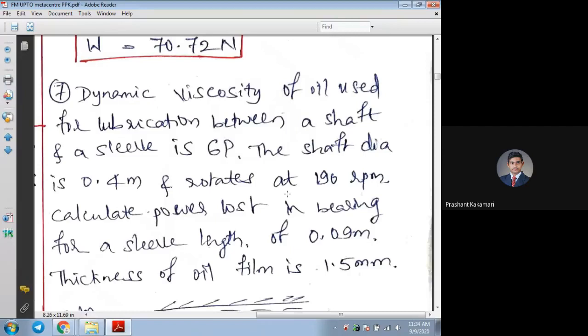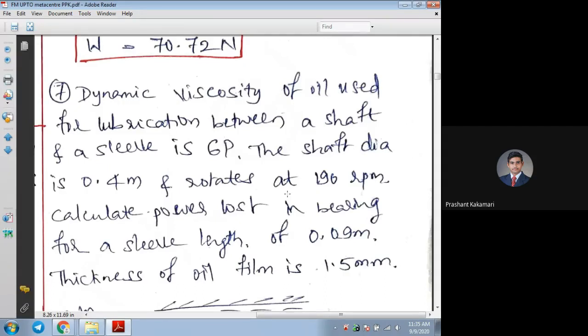Now calculate the power lost. Here there is no direct relation with only Newton's law. Something else is given: calculate power lost in the bearing for a sleeve length of 0.09 meters. Whatever the sleeve length between shaft and liquid is, up to 0.09 meters the lubricant is in contact.